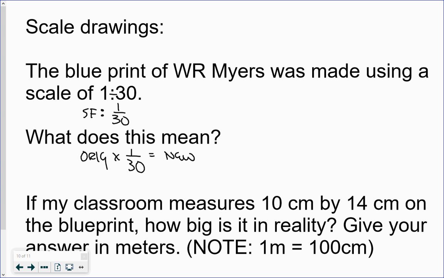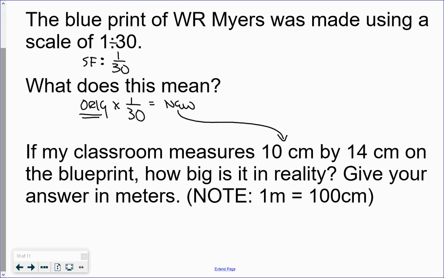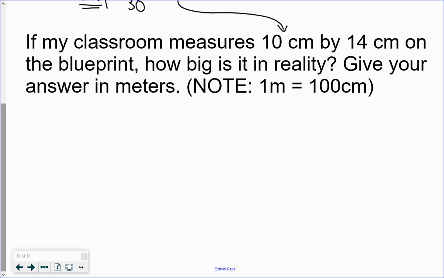So if my classroom measures 10 centimeters by 14 centimeters on the blueprint, how big is it in reality? So the new ones are the blueprint ones. What I'm looking for is my original. So if I use my formula here, original times 1 over 30 is going to give me 10 centimeters.